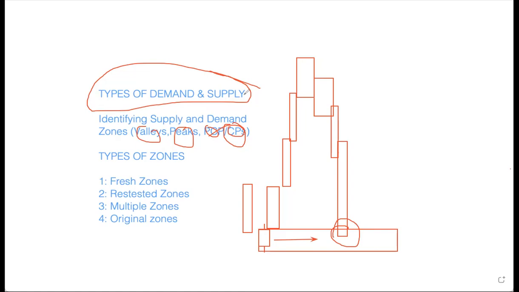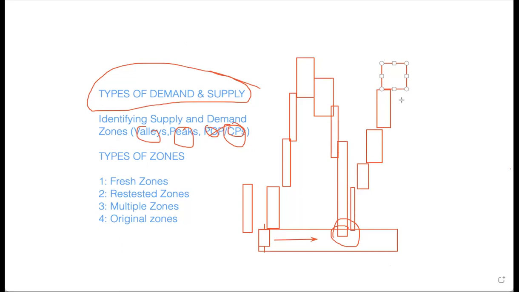So after that retested zone, now price is either going to go down to break it, okay? But most of the time on the first test here, price will do this. 80% of the time, price will go up. Price will go up, all right?